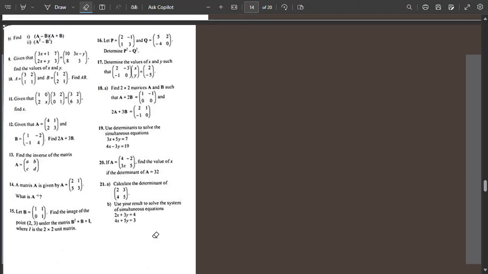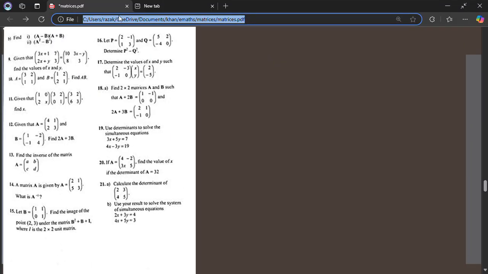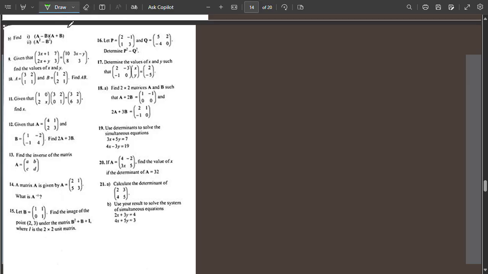These are all examples that we could try to build our understanding and develop more muscle memory. So that's basically it for matrices.